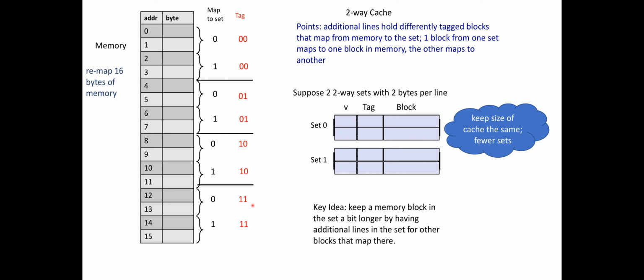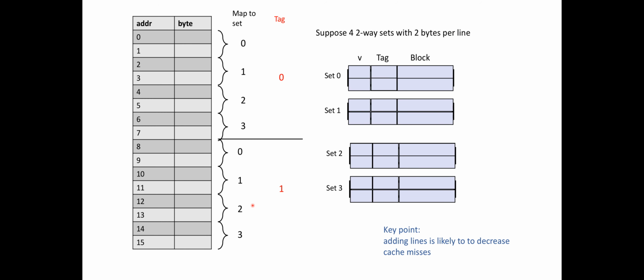But over time, what we've really done is also increase the size of the cache while also going to something like a two-way system. And so if we go to the idea of adding extra lines, then in this case, if we go ahead and have 4 sets, the total size of our cache has doubled.